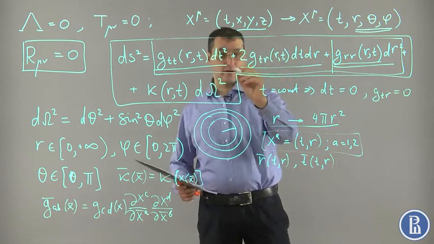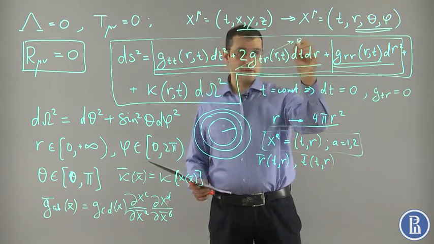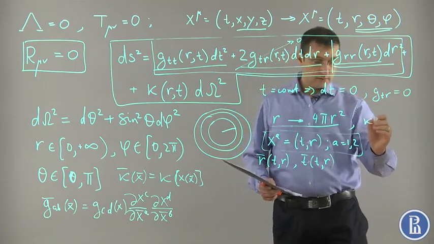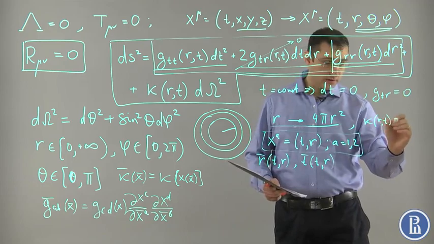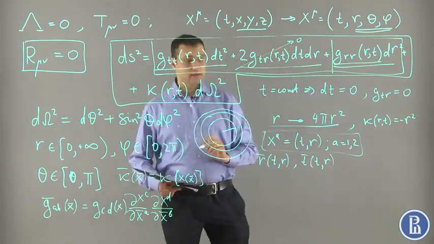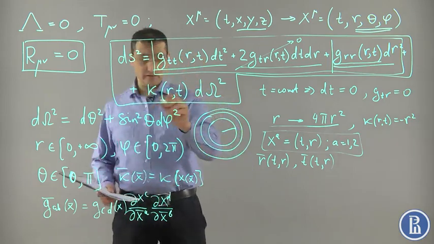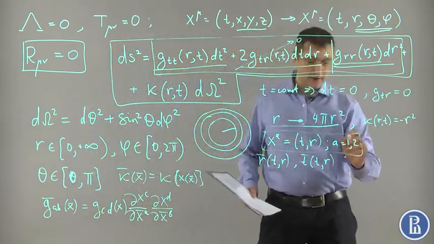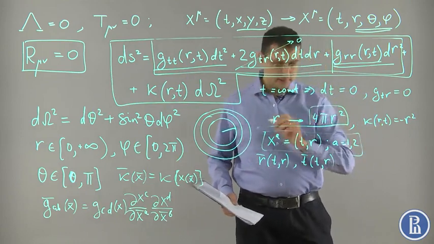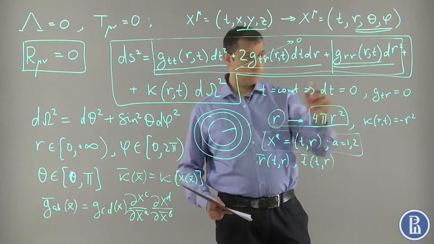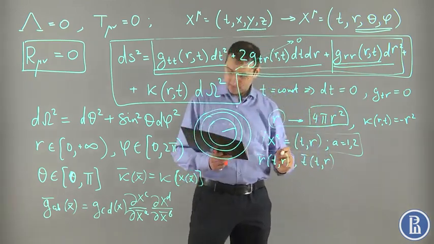So which means that we fix this to be 0. And k as a function of r, t to be equal to minus r squared. So then the spheres will have this area, but the radius of the sphere can be different from r due to the presence of this term.